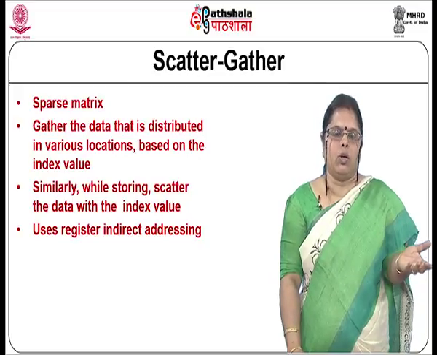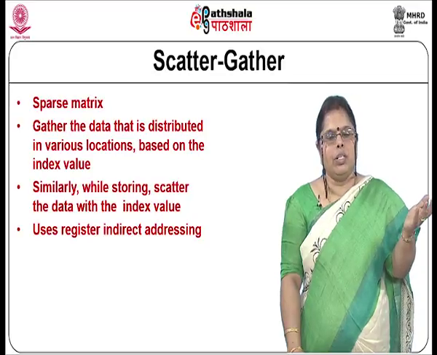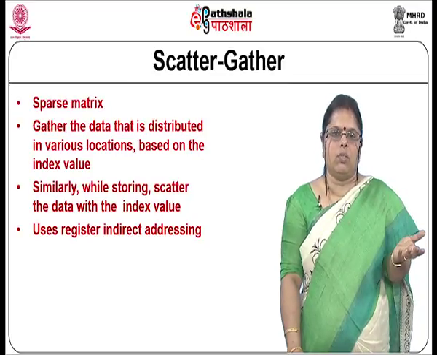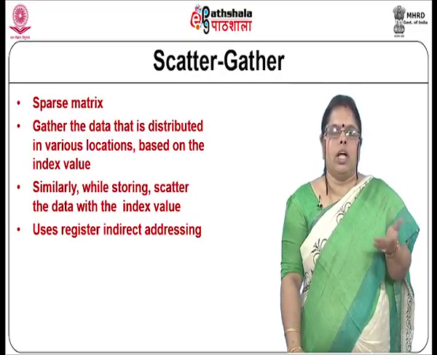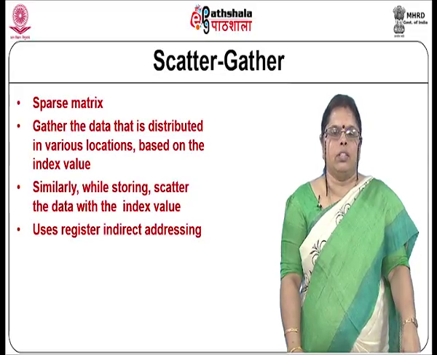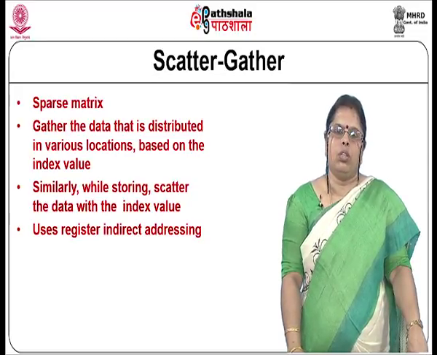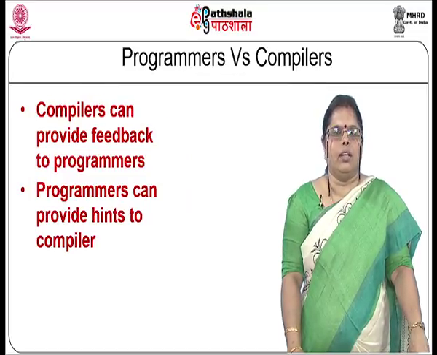That is a gather operation. Similarly, after the processing is over, you can scatter them again using the index values to different locations of memory. That is the scatter-gather operation which is normally supported in all vector architectures. The basic addressing mode that is used is, as you can see, just register indirect addressing.